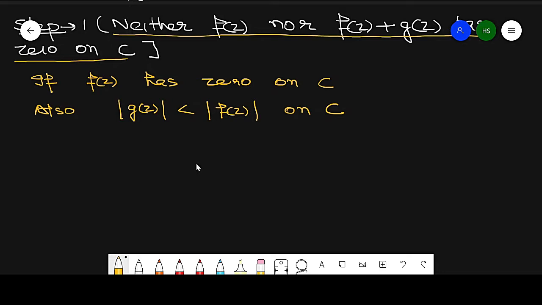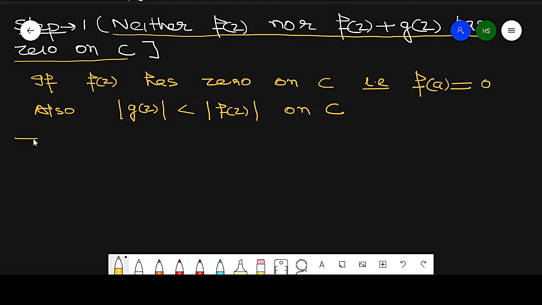Then, if f(z) has a 0 on C, suppose a is the 0 of the function, then f(a) is equal to 0.